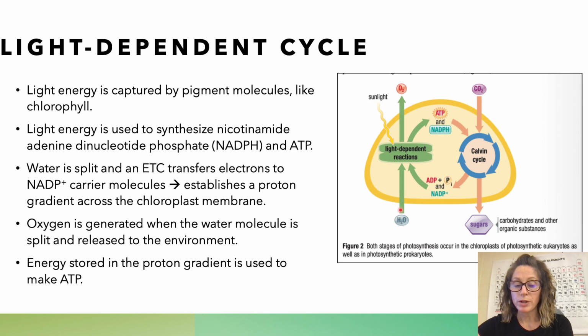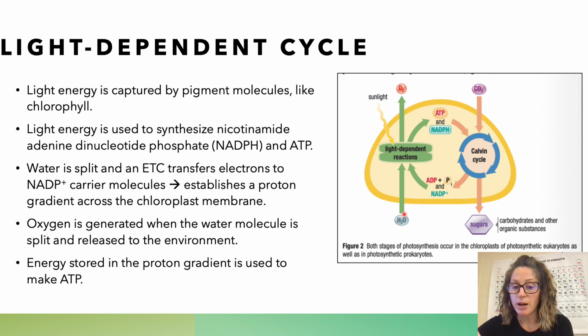Interestingly, we have water being split in these reactions, and 2 electrons are taken, and they get passed along an electron transport chain, similar to what we see in the mitochondria. And the final destination is the reduction of NADP plus to NADPH. And again, this is an electron carrier molecule.